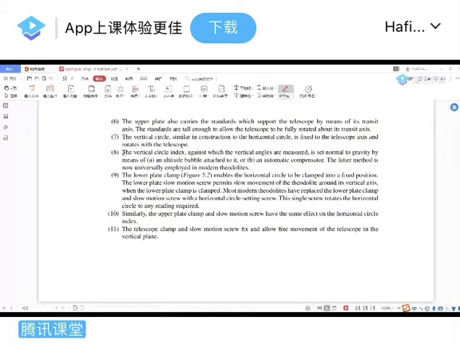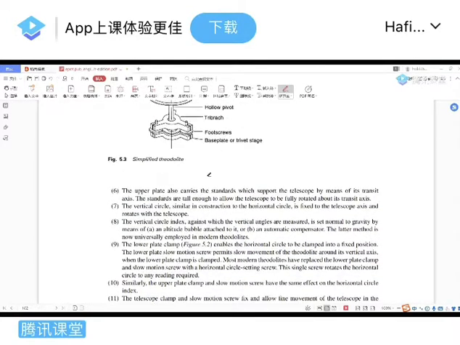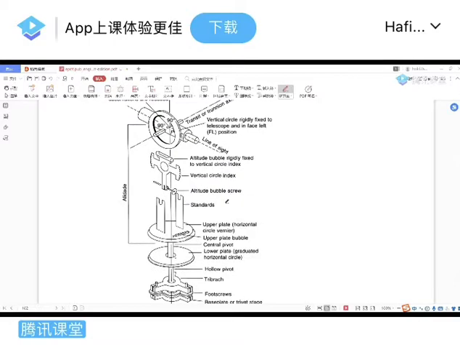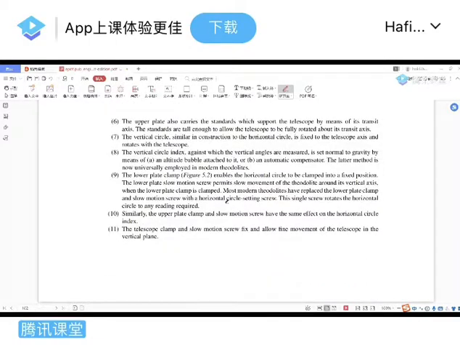Okay, so the vertical so-called index against which the vertical angle is measured. You can measure the angle, but exactly how it works, you have to take this apart and check online. Of course, there is some explanation over here. You can take a look at this explanation, but we skip this bit.